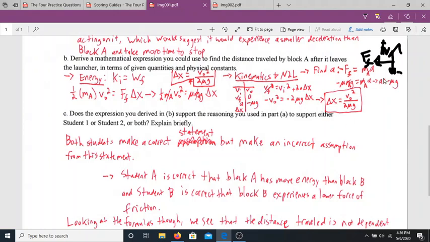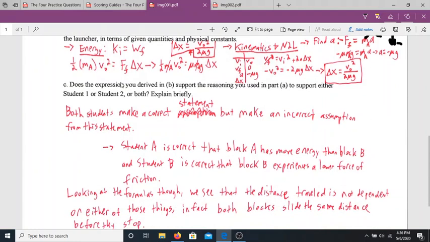All right. And once I know that, I plug it into the chart. I use some kinematics to solve for delta x, and I get the exact same formula that I did before. Now, besides the fact that this makes sense because these are both the same, it just shows that there are multiple ways to solve a question, and you can get the same amount of points either way.